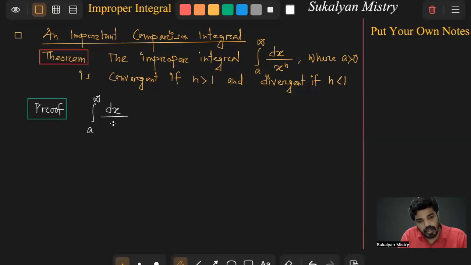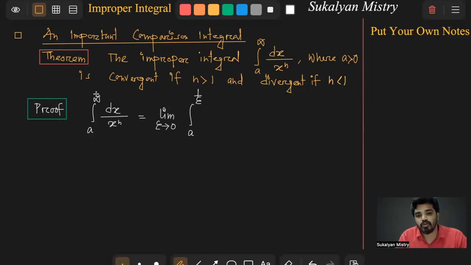Okay. So this can be written as limit epsilon tending to 0 a to 1 by epsilon. আমরা লিখতে পারি দেখো 1 by 0, that is infinity. ঠিক, 1 by 0, that is infinity.